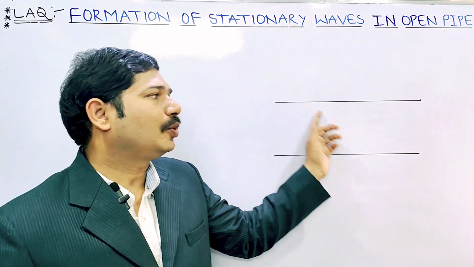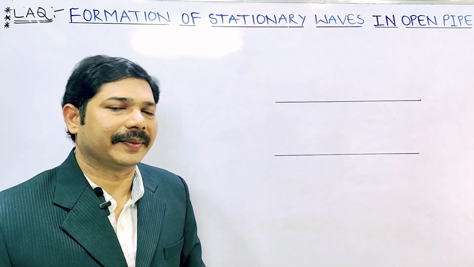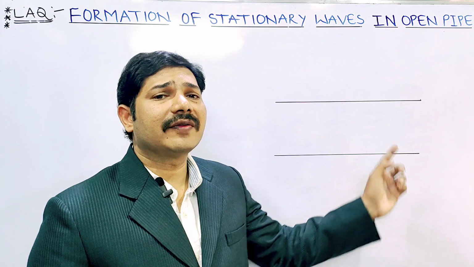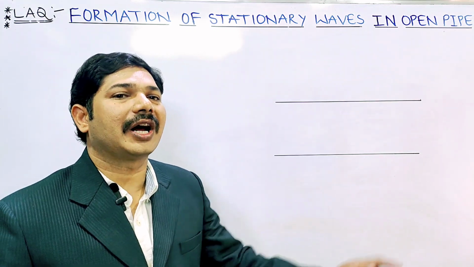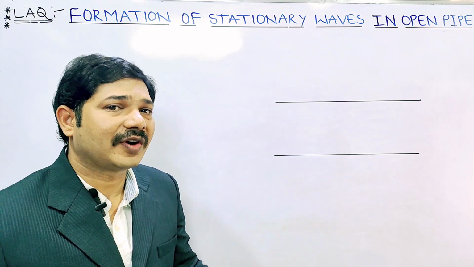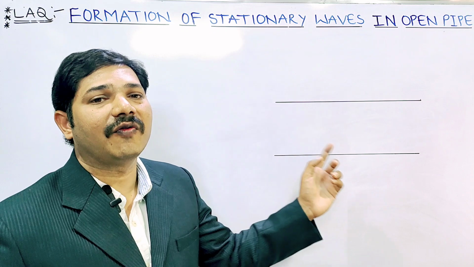Two transverse waves having the same frequency are superimposed in opposite directions. That means stationary waves are formed.